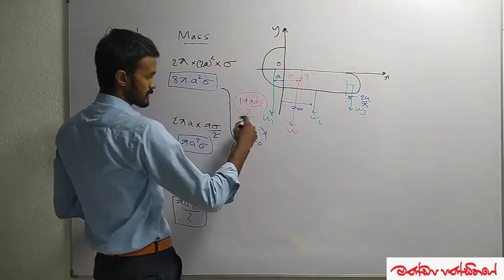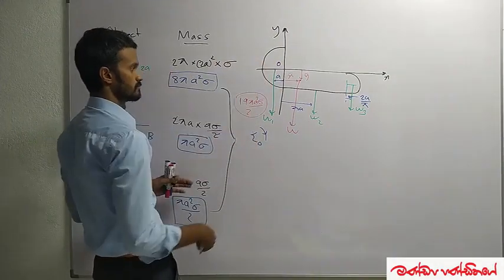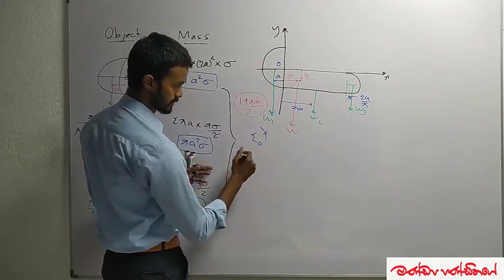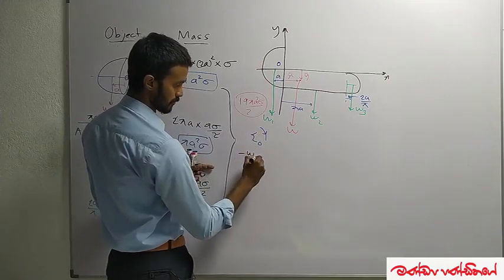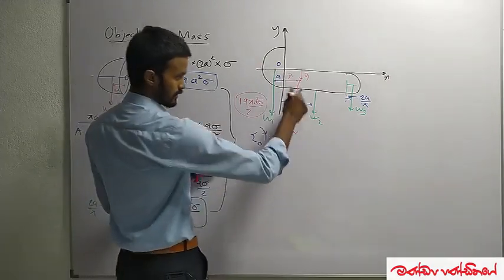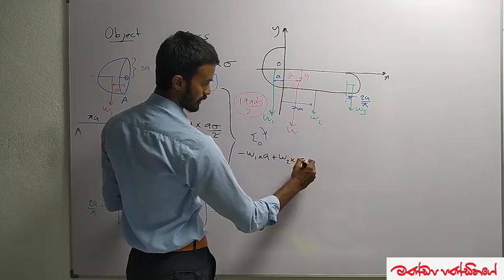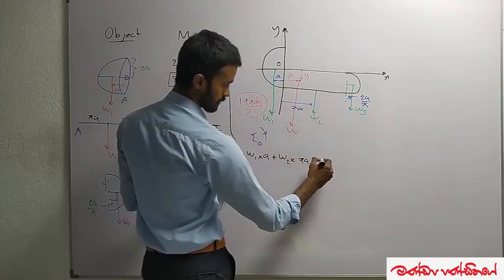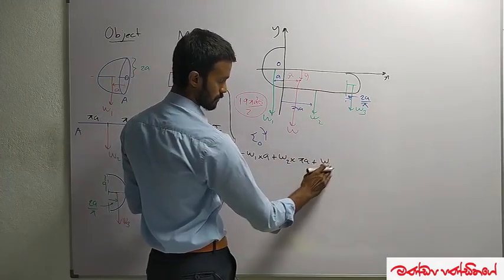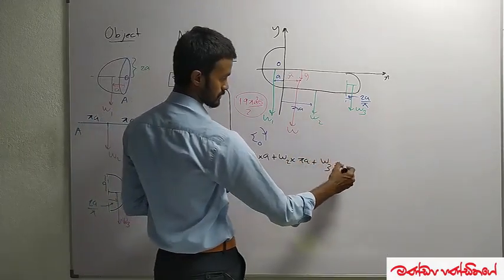So I'm considering the clockwise direction, but W1 is in the anti-clockwise direction, which means it is minus W1 into a, the perpendicular distance. Then W2 gives a positive clockwise moment, W2 into pi a, plus W3 gives a clockwise moment which is positive, into the distance.